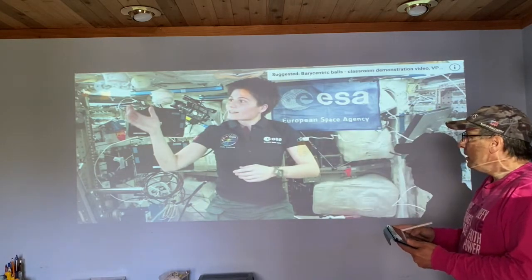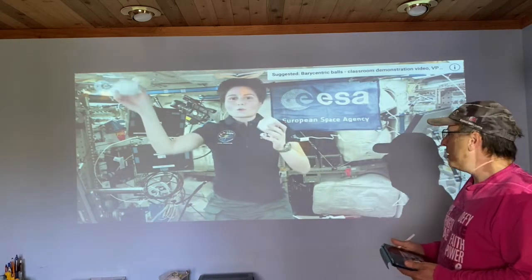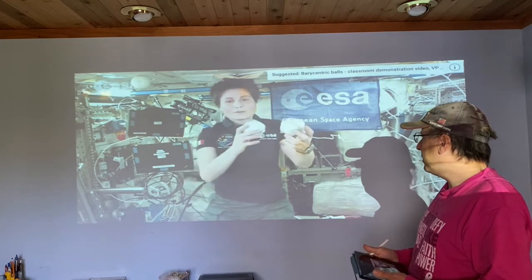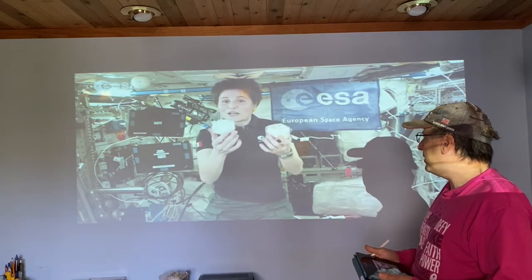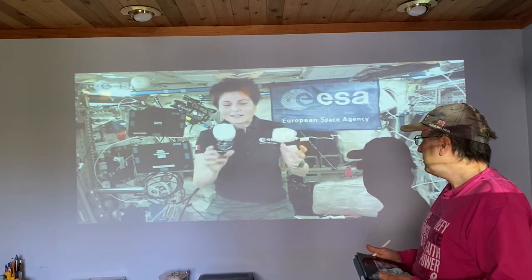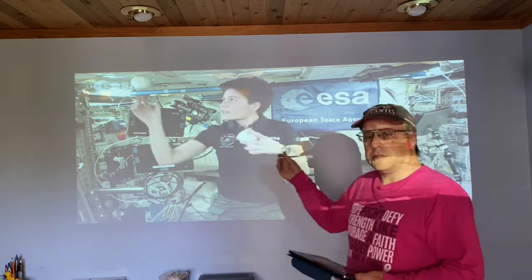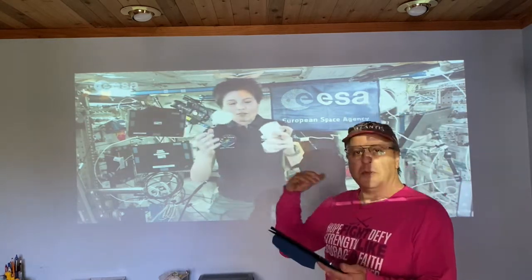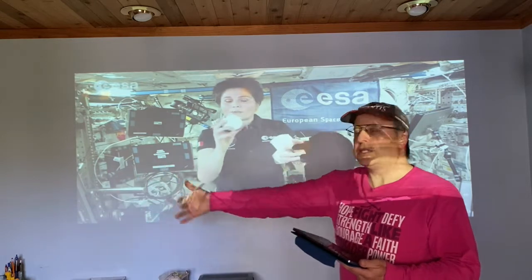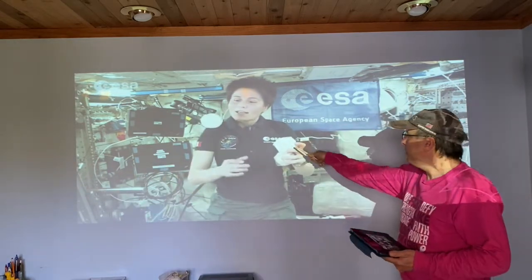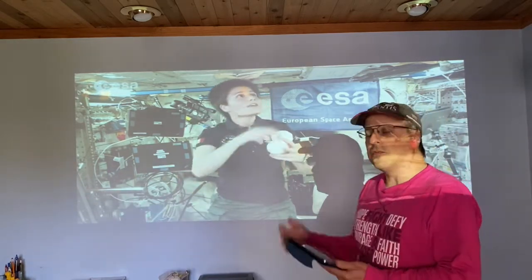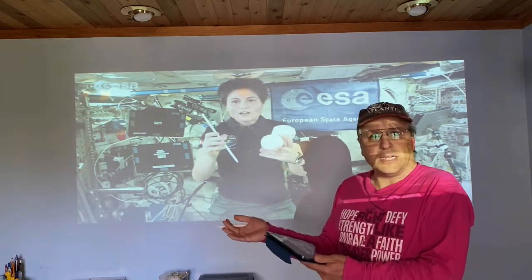And she's going to see these balls at rest, or very close to rest when she lets go of them. Realize the space station itself is moving at thousands of meters per second. And those balls are moving with the space station. But relative to her, those baseballs are at rest.